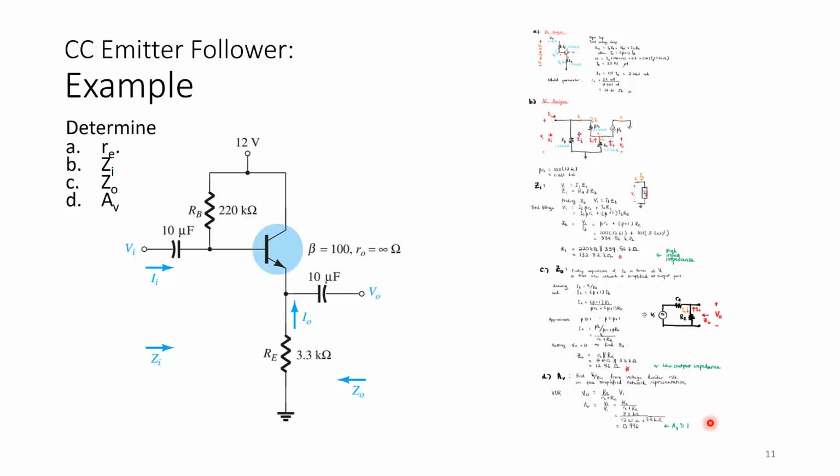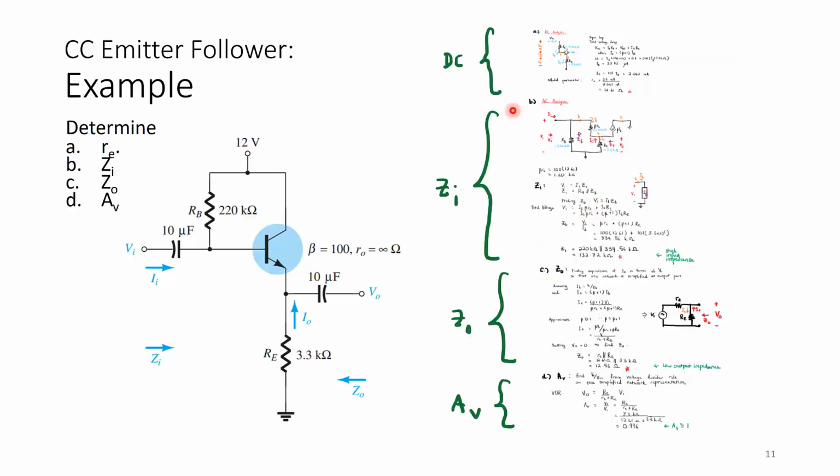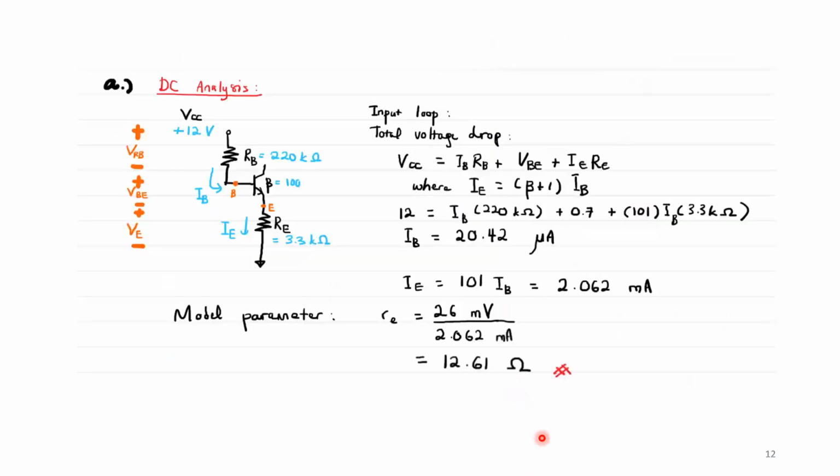It's just the same as the rest, except that when you want to find Zin and Zout, you need to use the concept of IB equals Vin divided by ZB. This is DC, this is finding Zin, this is finding Zout, and this is finding AV, so that we can see what was written more clearly.